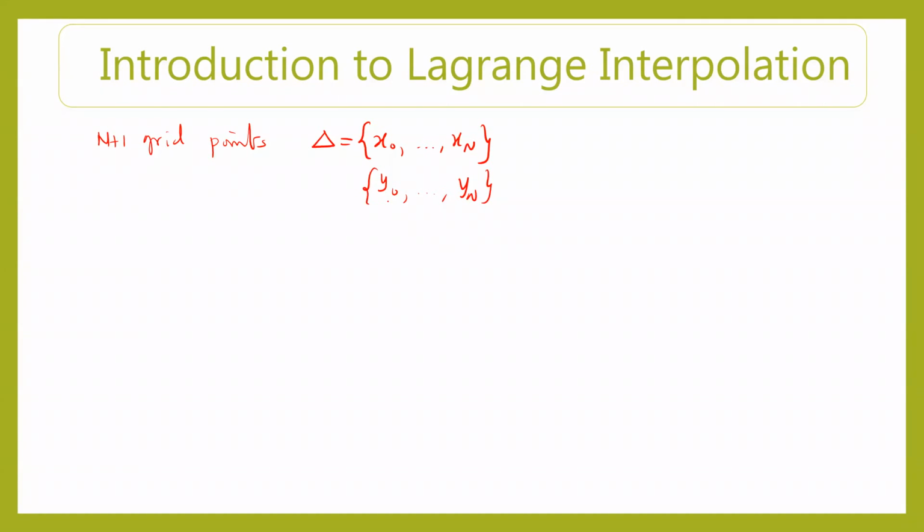We've shown in the previous theorem that there exists a unique polynomial f star of degree less or equal to n that interpolates yi at xi for each i from 0 to n.